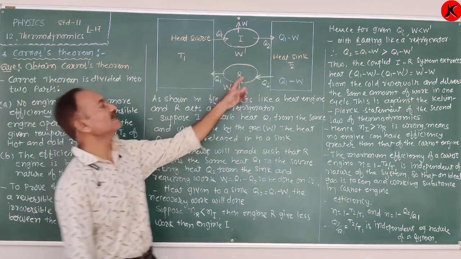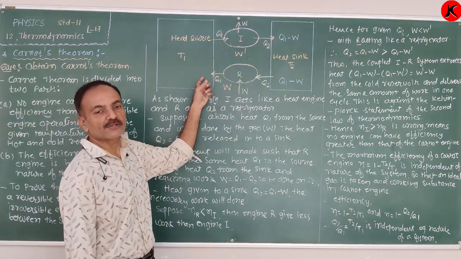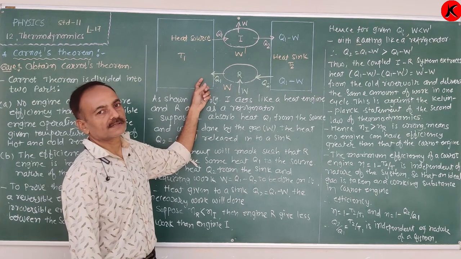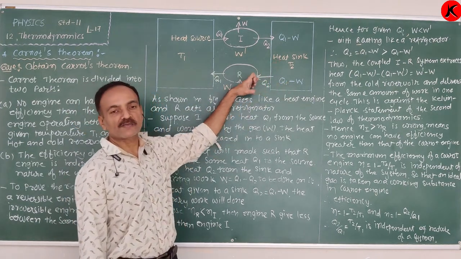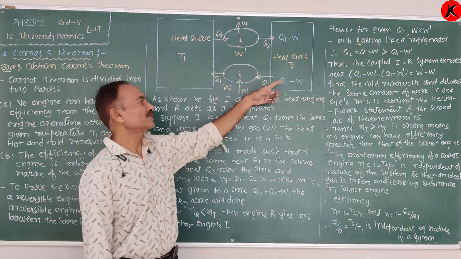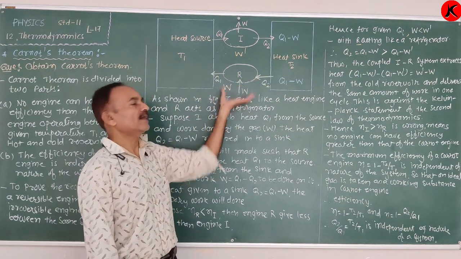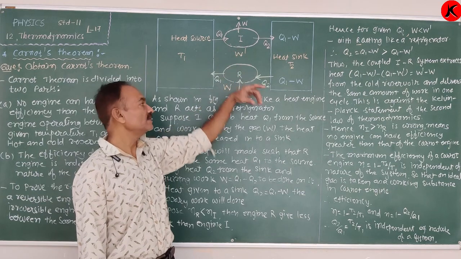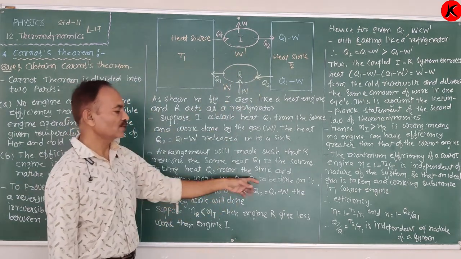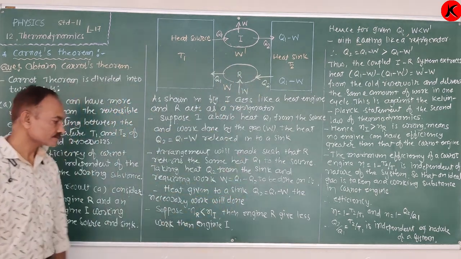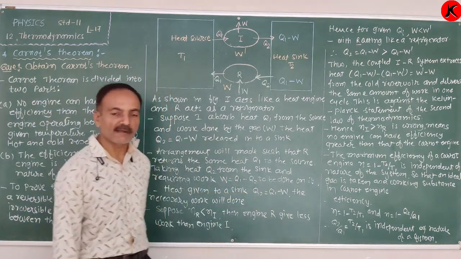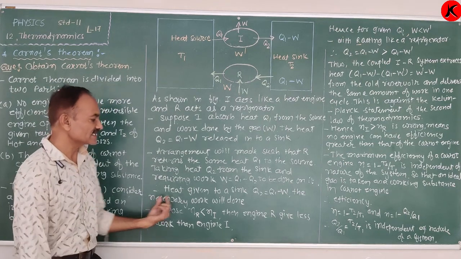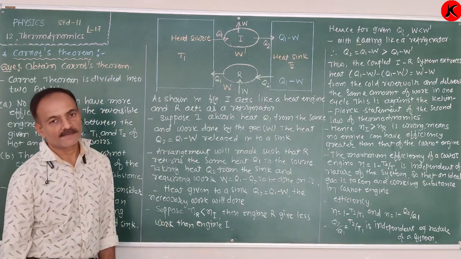That means R returns the same amount of heat Q1 to the source, taking Q2 = Q1 − W amount of heat from the sink, and to absorb this heat, the work done on the system is Q1 − Q2. Heat given to the sink is Q2 = Q1 − W. The necessary work will be done.